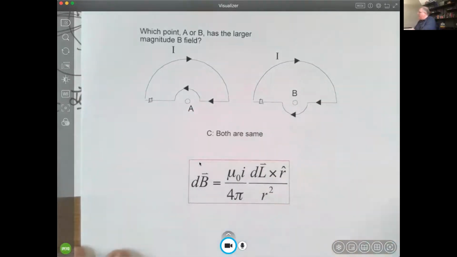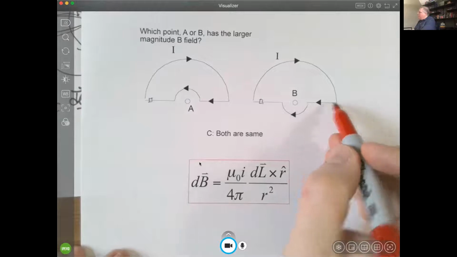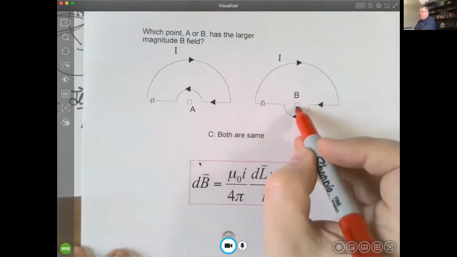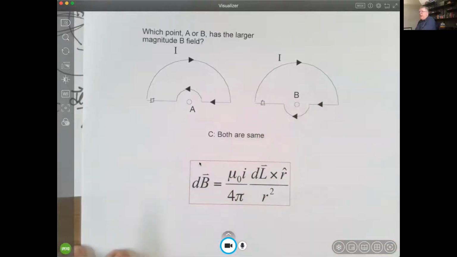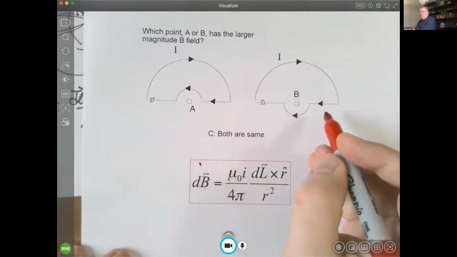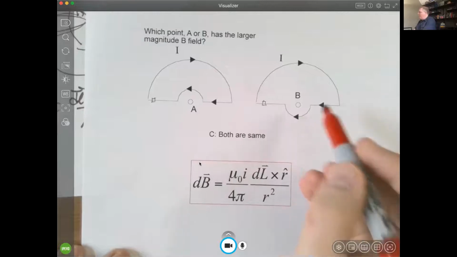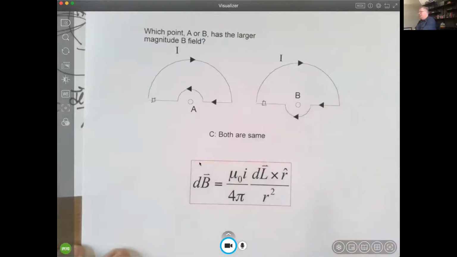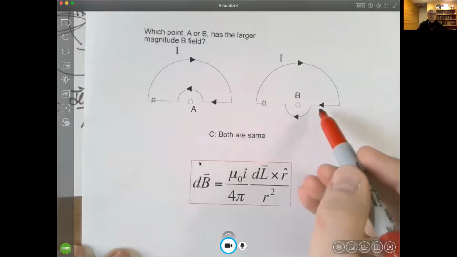Now here's one interesting thing: did this section and this section make any magnetic field? Did they do anything? Do straight sections? No, Aaron, why don't they do anything? Because they're along the same line.